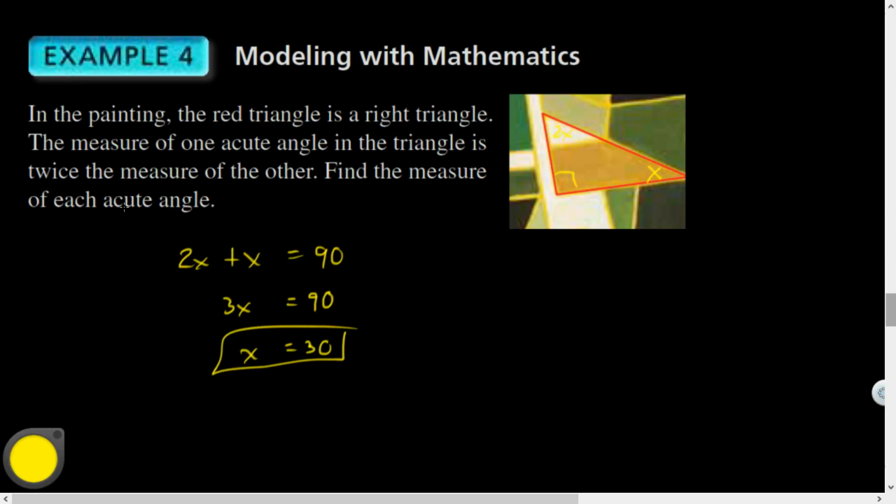And they wanted to find the measure of each acute angle. Well, one of them was just x, so that one's 30 degrees. And then the other one is 2x, which is going to be 60 degrees. There you go. And that's the classic 30, 60, 90 right triangle. We will one day discover all sorts of things related to that. Well, thank you for watching, Internet friends, and have a great day.